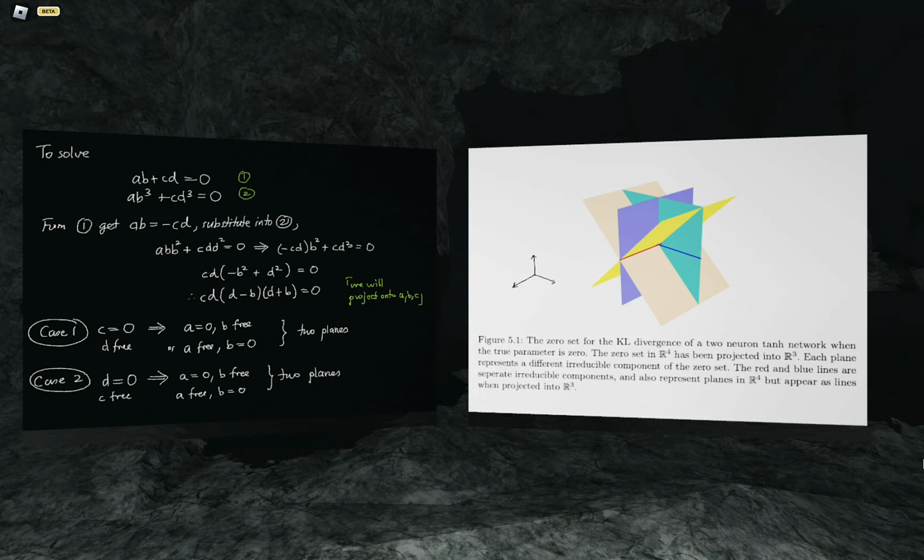Yeah, I think so, that red and blue line would be coming from case 1. So do you think this is A and that's B and that's C then? Yeah, I think that would make sense.